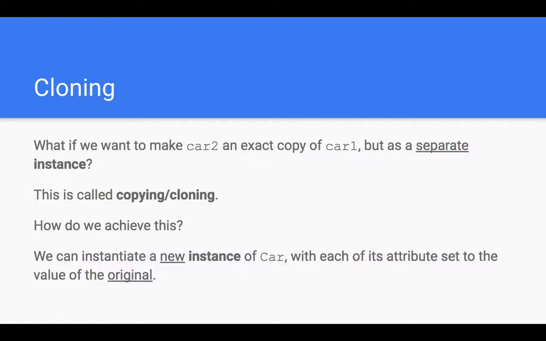Okay, so one idea, and probably the right idea, is that we just instantiate a new instance of Car and then set each of its attributes to the values of the original, right?